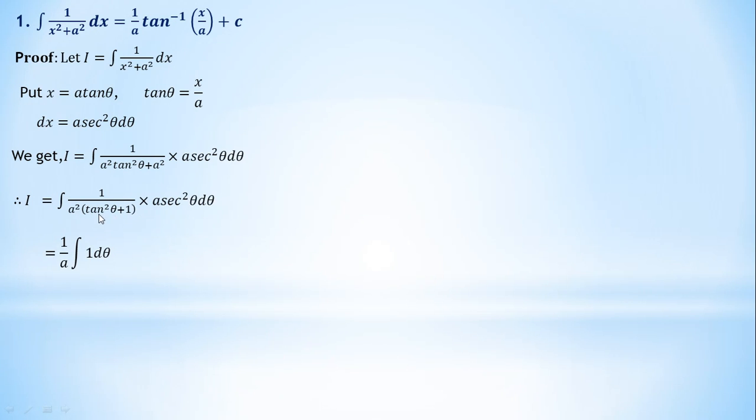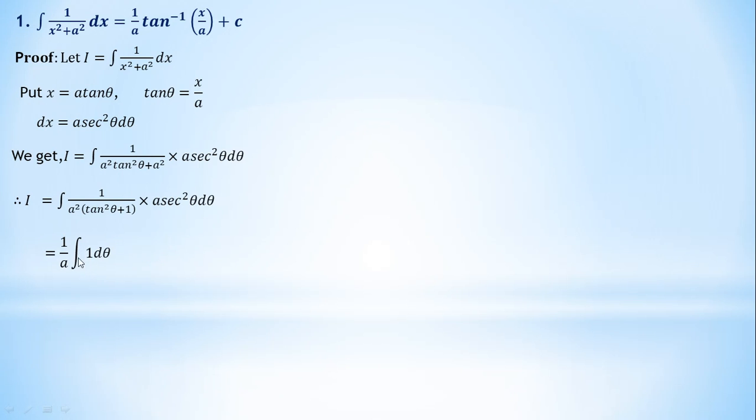So sec square theta will get cancelled, and here this is a and this is a square, so from that you get 1 upon a, which is a constant, and the simplification is just 1 into d theta. After the substitution we get the simplified form of the given integration like this.